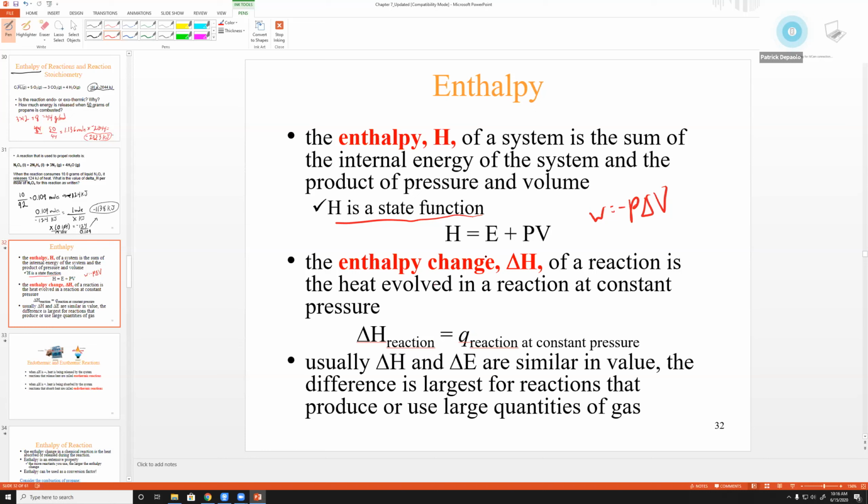Think about it: enthalpy is dependent on the heat and the change in pressure and the pressure value. If you have a constant pressure, it's not changing, and the volume's not going to change. So the heat of the reaction is only dependent on the heat and not the work. So you have delta H equals Q at a constant pressure. That's one thing that's important, and we're going to use that definition to solve several problems.